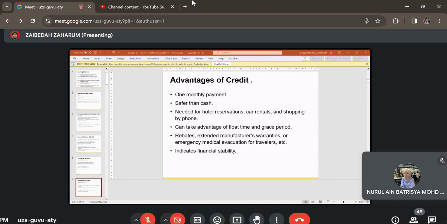Next tengok pada rebate, extended manufacturer's warranty ataupun emergency medical evacuation for travellers and extra lah. Dekat sini tadi credit card tadi come with various perks and benefits that can enhance the value of purchases. Kadang-kadang kita masukkan tadi, mungkin ada cashback ataupun rebate, di mana provide the card holder tadi with a percentage of their purchase back as a reward.